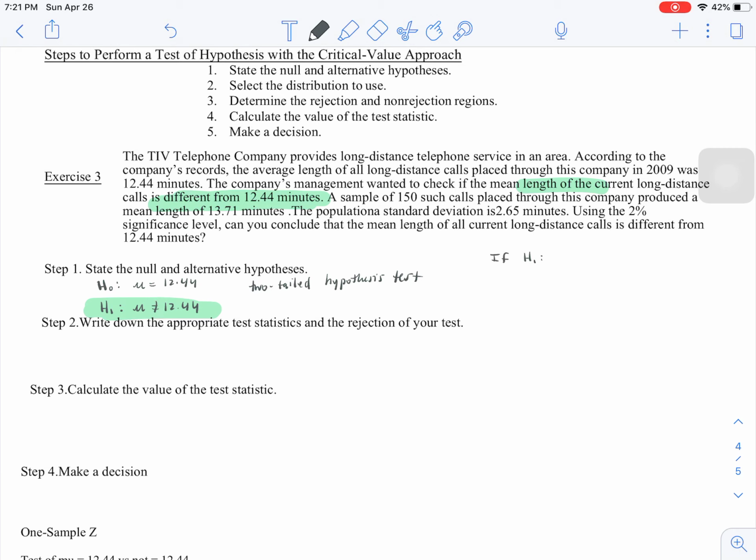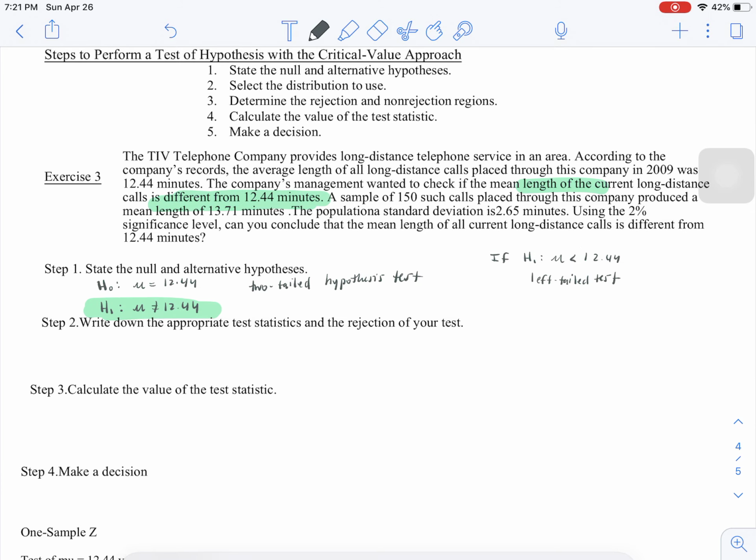If, on the other hand, our alternative was that the average was less than 12.44, this would be a left-tailed test. And a rule of thumb for remembering that is that the sign in the alternative hypothesis is pointing left.